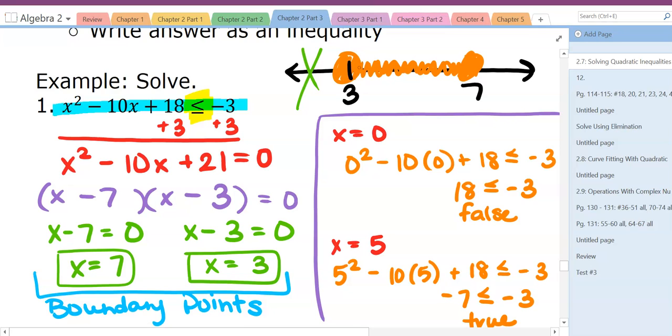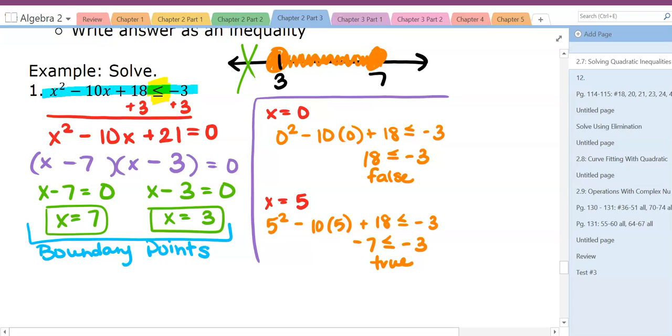Okay, now just to finish up, to really make sure that I did it right, I could pick one more number. This time it'd be bigger than 7, so like 10. And it doesn't have to be 10. It could be 8, could be 9, could be 11, could be 12, could be whatever you want. It just has to be bigger than 7. Then I plug all those numbers in.